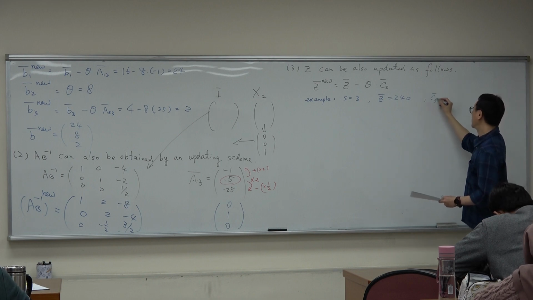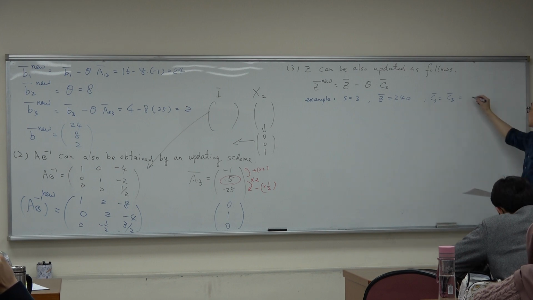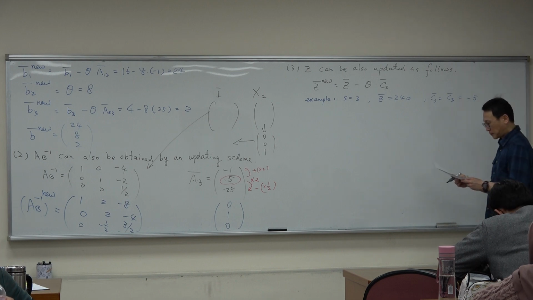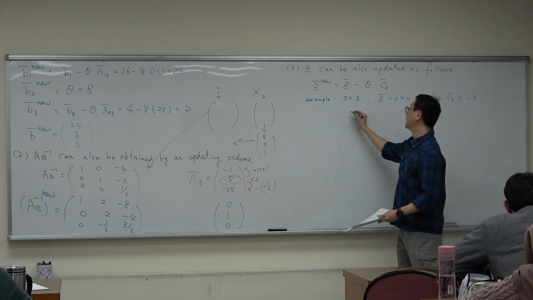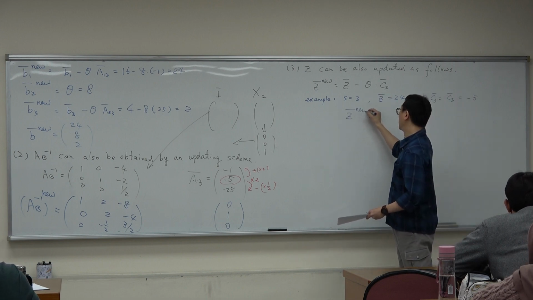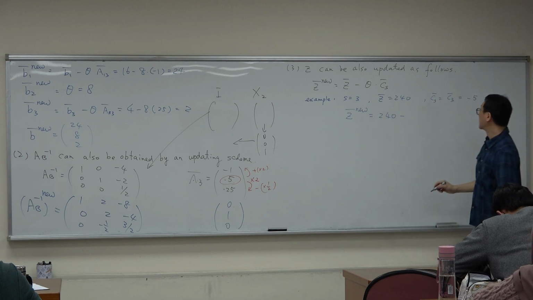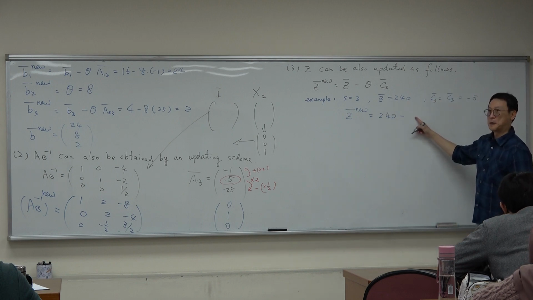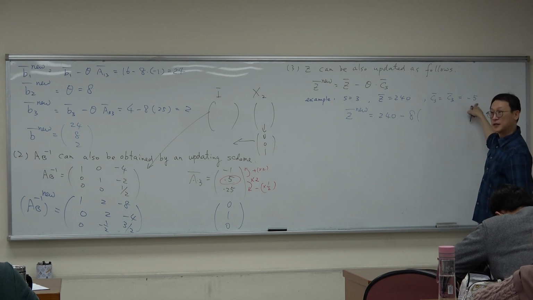So C3 is -5. That's what we calculated, because it's not optimum, so we go to the next iteration. Remember that? So based on this formula, it is 240 minus theta, which is 8. We already calculated. C3 bar is here, minus 5.